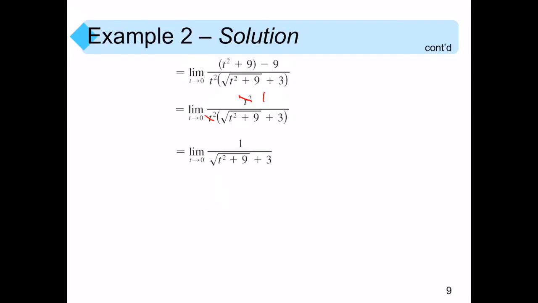Then you get 1 over the square root of t squared plus 9, plus 3. Now you put 0 in the t. You should get the value 1 over 3 plus 3, which equals 1/6.